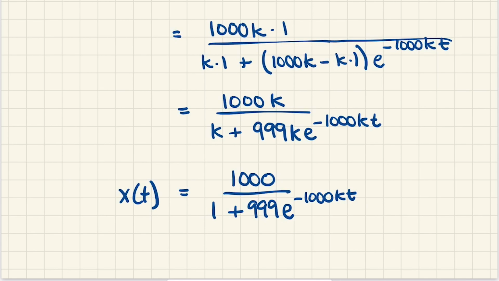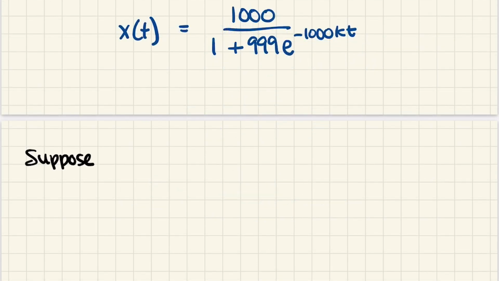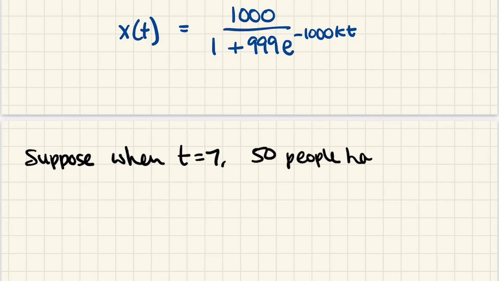All right, let's add some more information in that will help us determine the value of k, and our model will be very specific at this point. So let's say that 7 days into the experiment, or 7 days into everybody being back at campus, 50 people have the virus. Well, we can use that to determine the value of k.